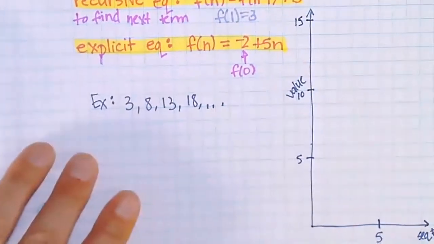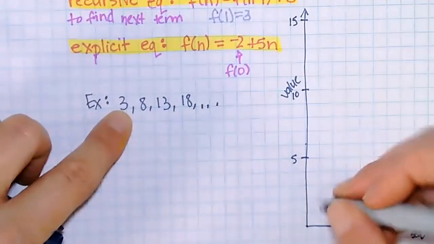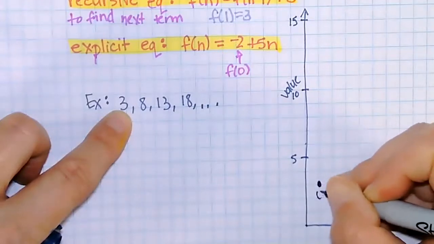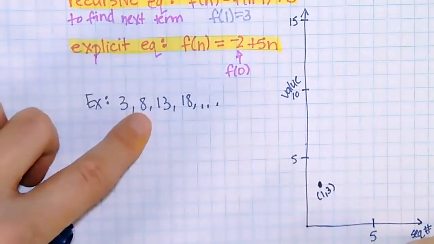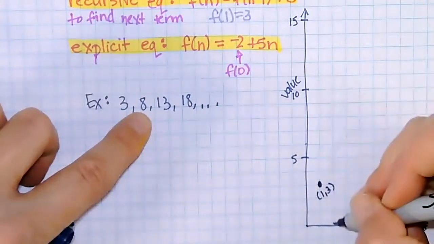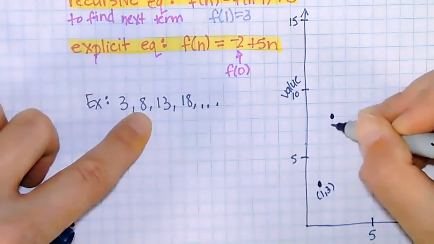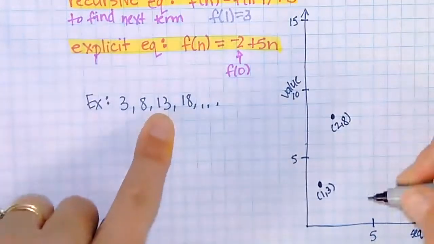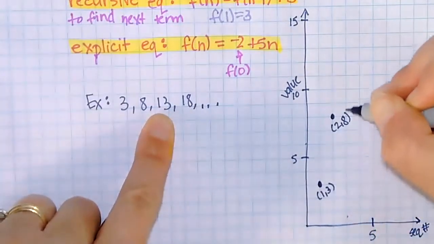So if I'm graphing the sequence, I'm going to take my first term in the sequence, which is 3, and I'm going to plot 1, 3. First term is 3. My second term is 8, so I'm going to go 2, 8. And then my third term is 13, so I'm going to go 3, 13.